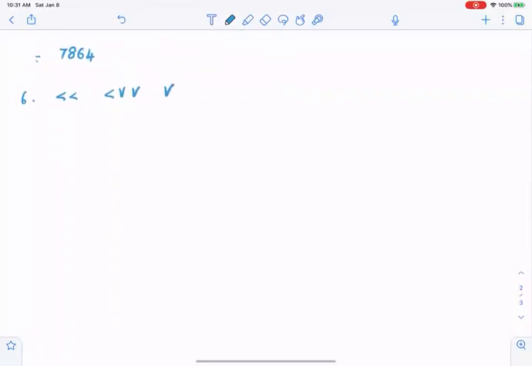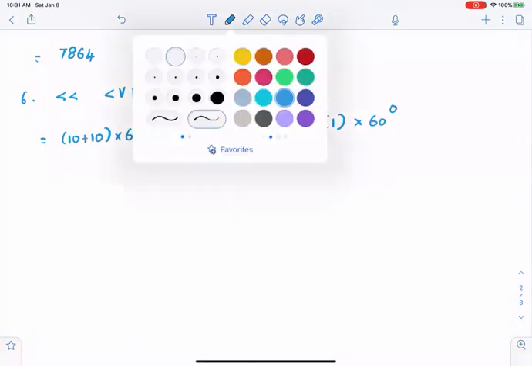So for the first term, I have 10 plus 10. For the second, I have 10 plus 1 plus 1. The last one is 1. I multiply by 60 raised 0, 60 raised 1, 60 raised 2. Each space would be a plus.